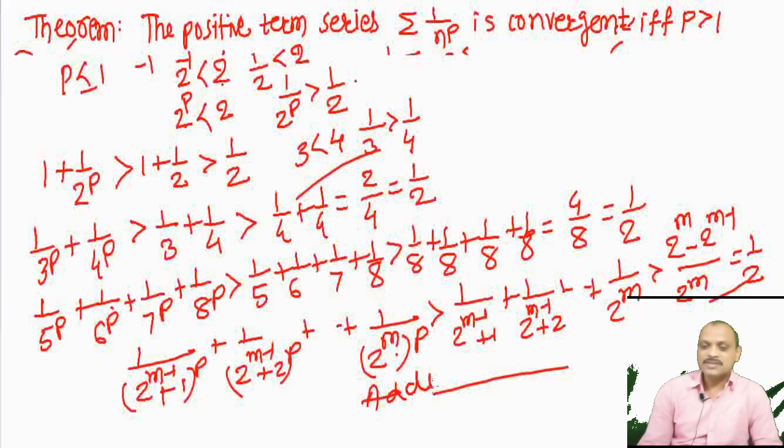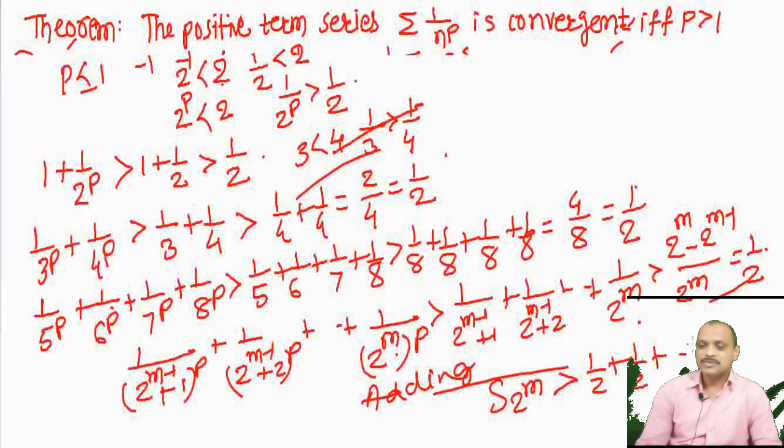So this is the total sum, adding all these terms, S of 2 raised to m terms. S of 2 raised to m is greater than 1 by 2 plus 1 by 2 plus 1 by 2, added m times, so this will be m by 2.